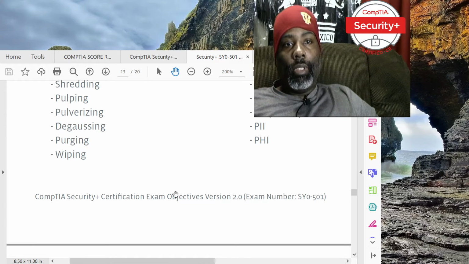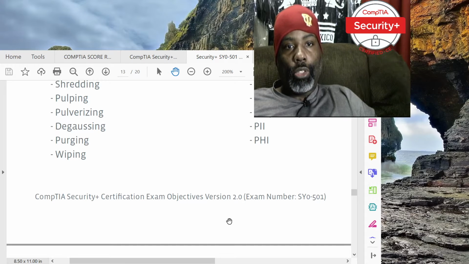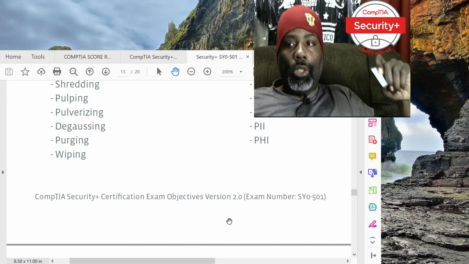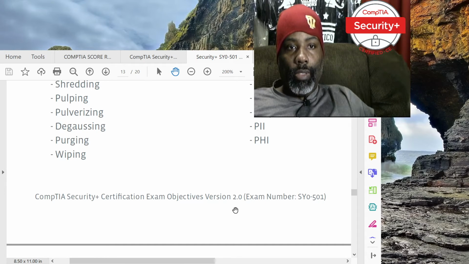Another example of a set of CompTIA objectives that change is Network Plus. Network Plus can go up to 5.0, 6.0, but read this little section right here on your exam objectives and make sure, say it again, make sure you are using the correct exam objectives.